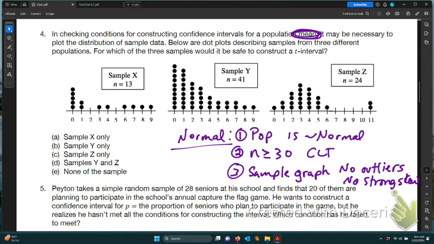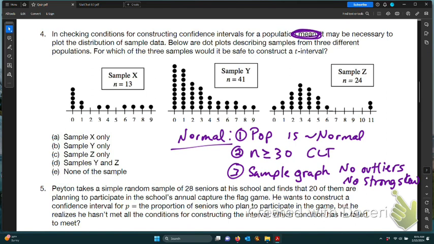If your sample size is bigger than 30, nothing about the sample graph matters. You have met the normal condition even with a skewed graph with outliers, because of the central limit theorem.